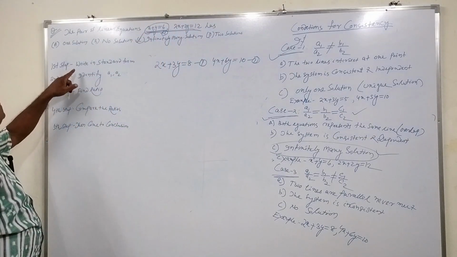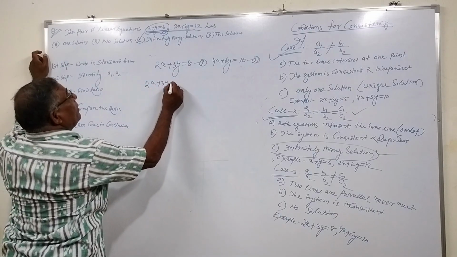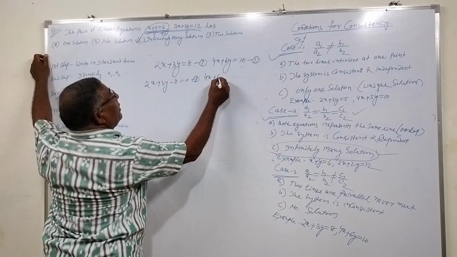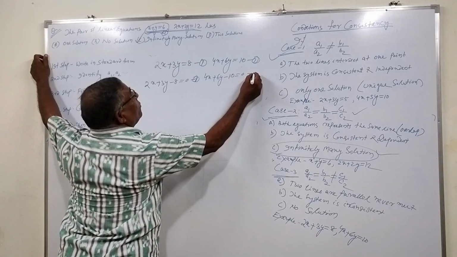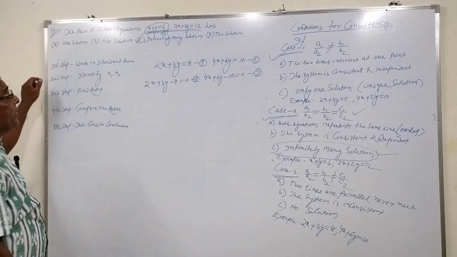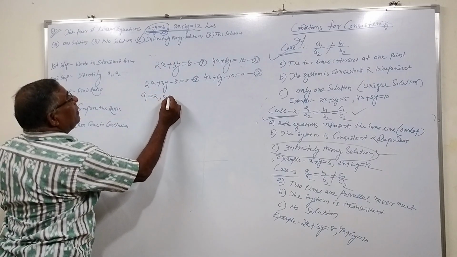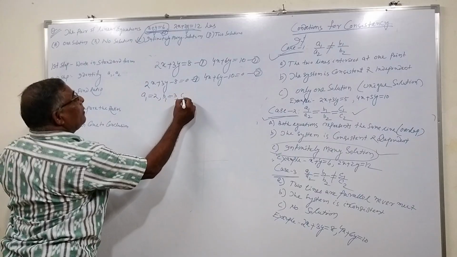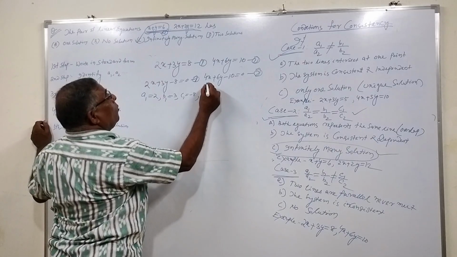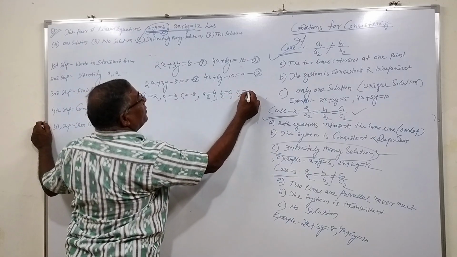First we write in standard form: 2x plus 3y minus 8 equals 0, equation 1, and 4x plus 6y minus 10 equals 0, equation 2. Then identify A1 is 2, B1 is 3, C1 is minus 8, A2 is 4, B2 is 6, C2 is minus 10.